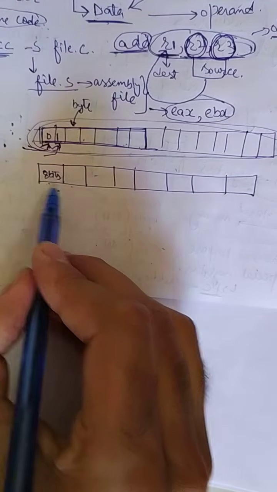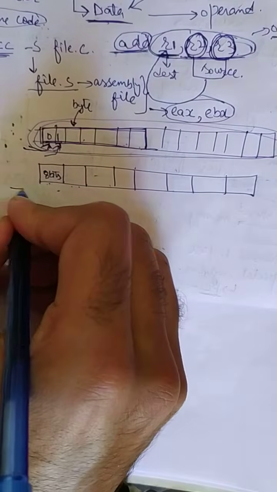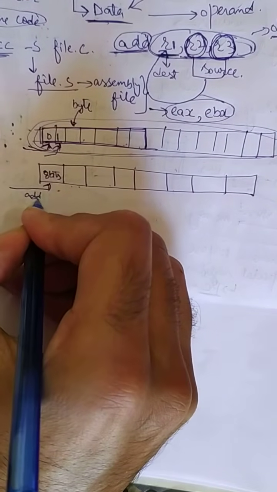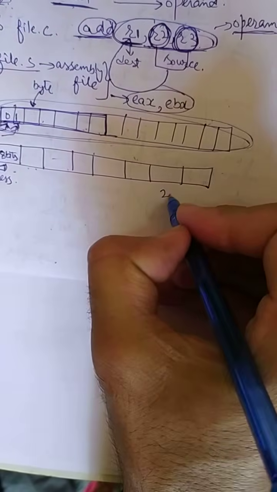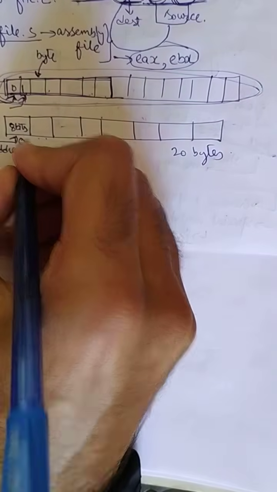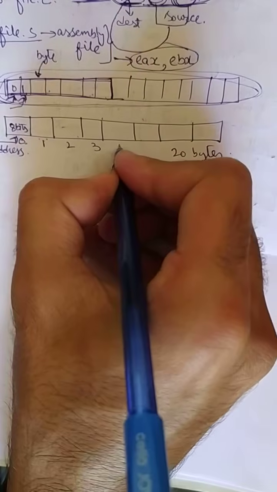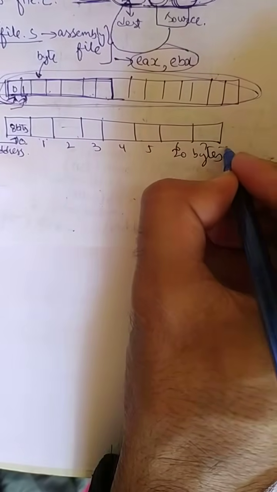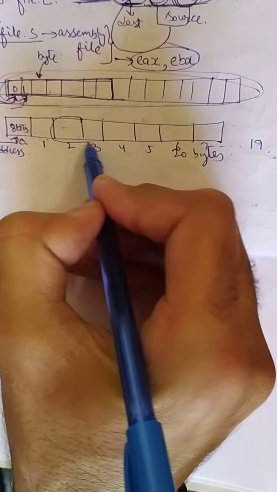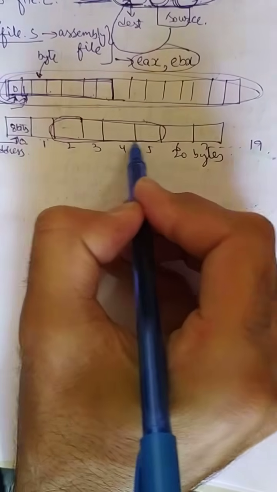Memory, we have a sequence of bytes and each byte has an address. For example, if I have 20 bytes in my memory, what will be the addresses? The first byte 0, 1, 2, 3, 4, 5, 6, 7 and so on. And we said that a program will be stored at some location in the memory.